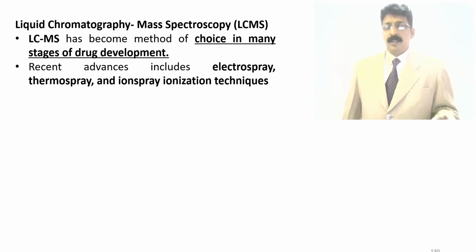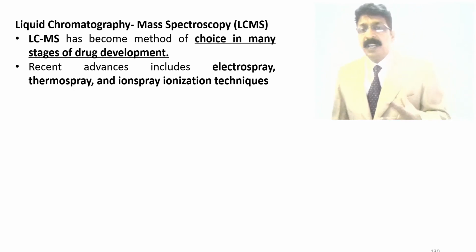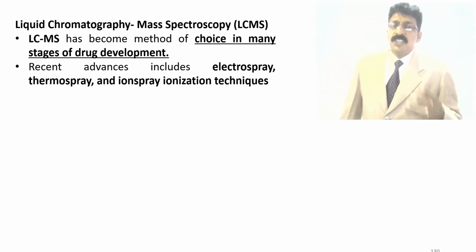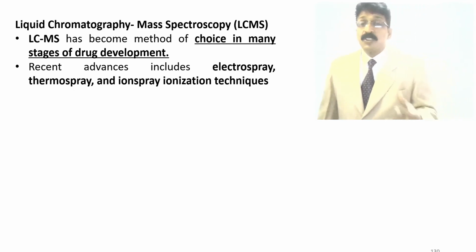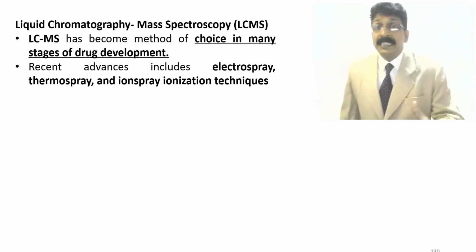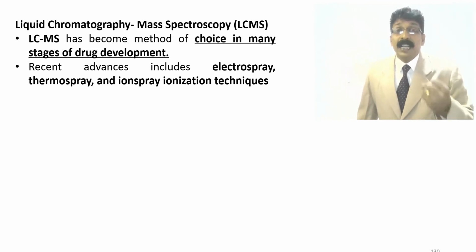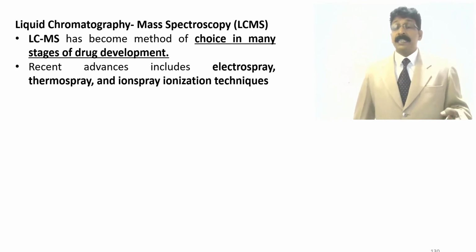Sometimes we are using, for example, ionization by means of coils, heating, combusting, which is also possible. Flame ionizing detector also works in the same manner, how the ionization takes place. So ionizing techniques can be done by electrospray, thermospray, ion spray ionization techniques after HPLC.